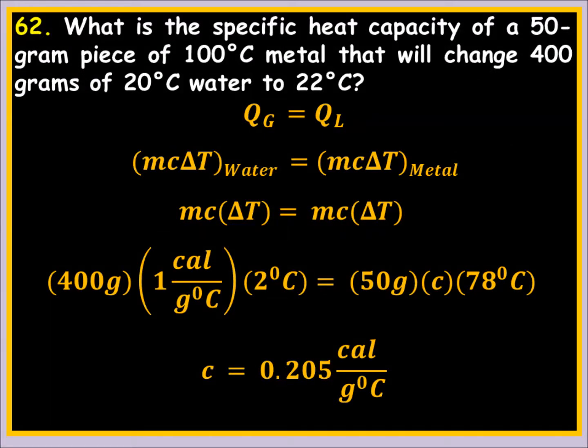What is the specific heat capacity of a 50-gram piece of 100 degrees Celsius metal that will change 400 grams of 20 degrees Celsius water to 22 degrees Celsius?